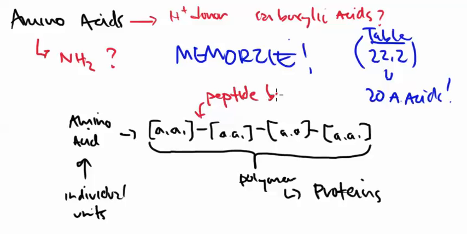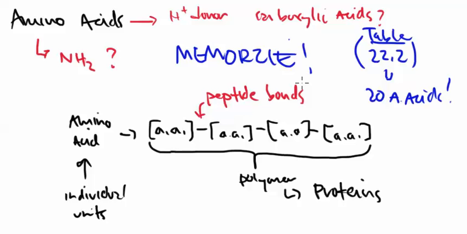So we're just expanding our vocabulary a little bit here before we start talking about amino acids in more detail, as well as proteins in more detail. So peptides and proteins are polymers of amino acids. Sometimes we call them proteins, sometimes we call them peptides, but the bond that holds them together is called a peptide bond.